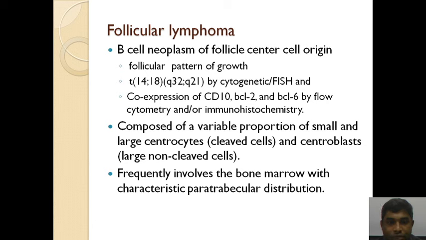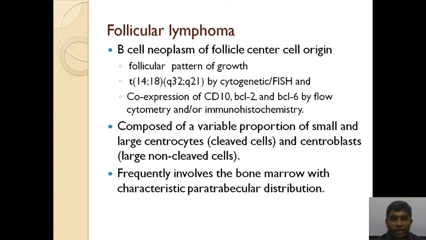This translocation 14;18 can be picked up by either cytogenetics or FISH. In flow cytometry or immunohistochemistry, this shows positive CD10 expression, and BCL2 and BCL6. In comparison, the CLL we saw earlier is CD10 negative, but this follicular lymphoma is CD10 positive.